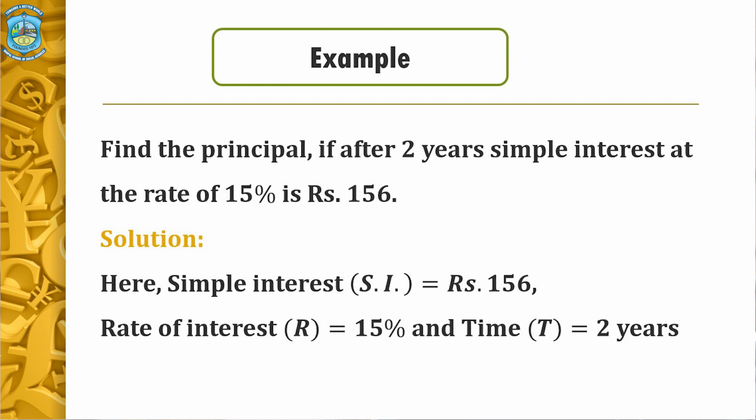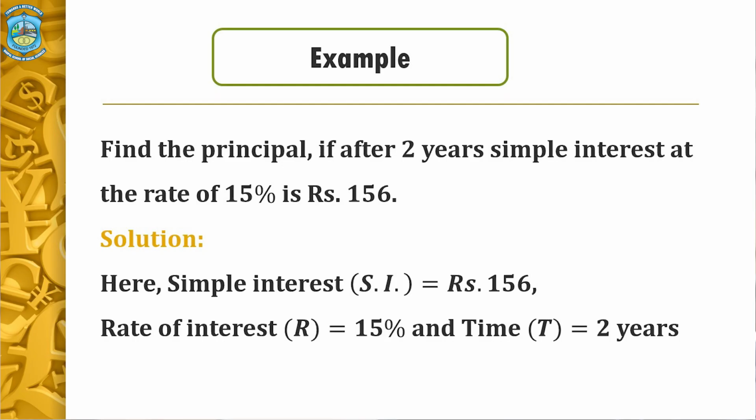Next example is, find the principal if after 2 years simple interest at the rate of 15% is rupees 156. In this example, simple interest is given to us, which is rupees 156. Rate of interest is 15% and the time is 2 years. First, we use the formula simple interest equals PRT by 100 and then apply cross multiplication.